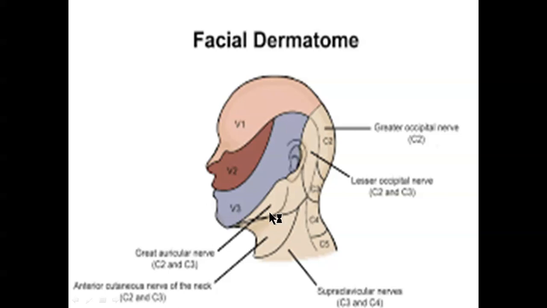So we must know angle of the mandible is supplied by greater auricular nerve. Now lesser occipital nerve over here we can see is supplying your retroauricular area. So the question about the greater auricular nerve is it supplies the angle of your mandible.